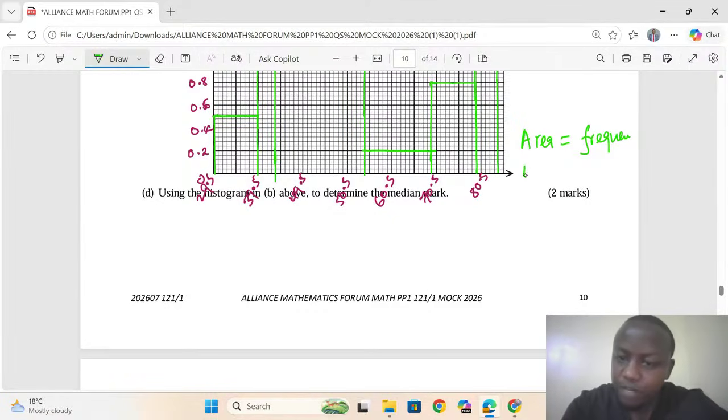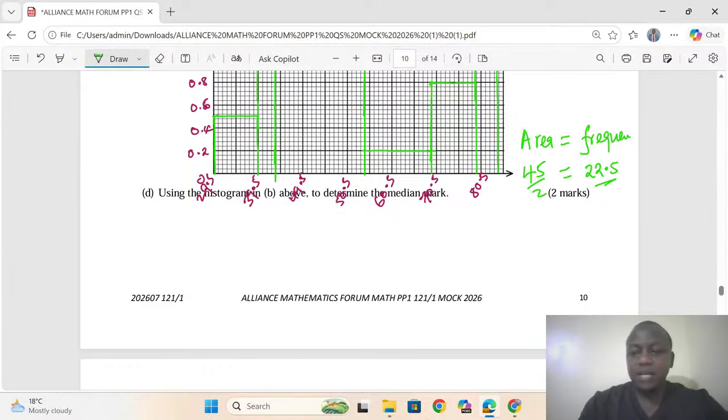Now we need 45 over 2, which gives us 22.5. That is the position which contains the median value.